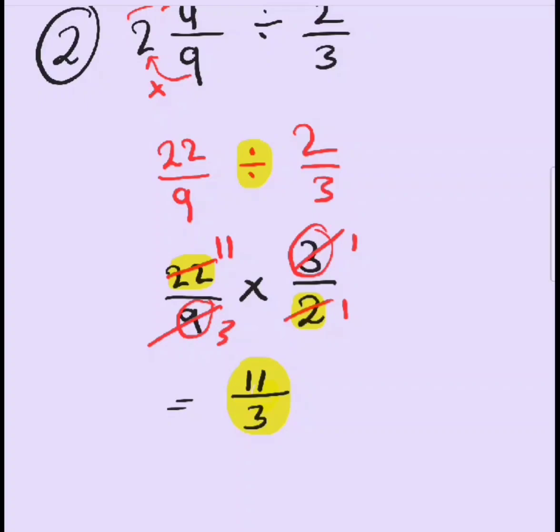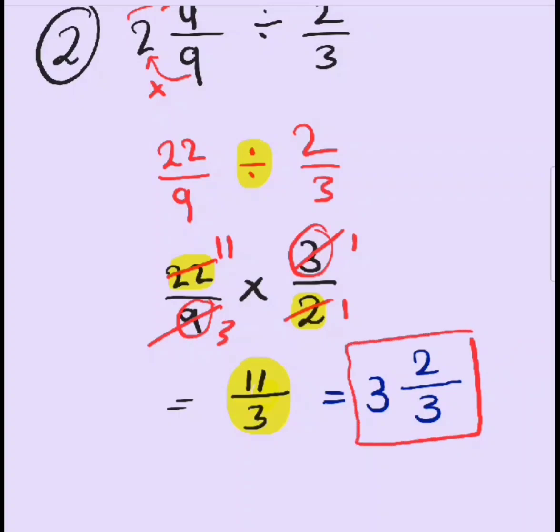So we need to see how many whole groups of 3 can we pull out of 11. Well, 3 times 3 gets us to 9. So 3 whole groups. And we have a remainder of 2. And we keep our denominator of 3 the same. So 3 2/3 as our final answer for number 2.